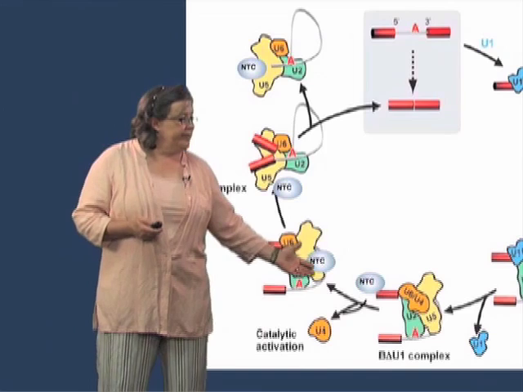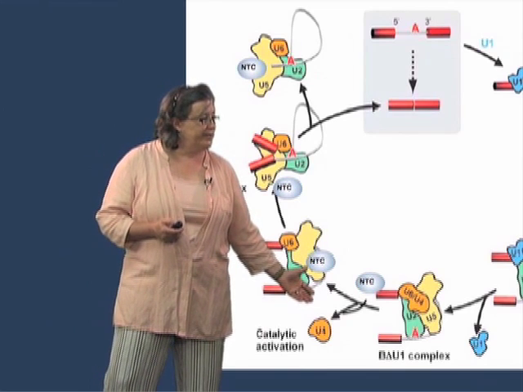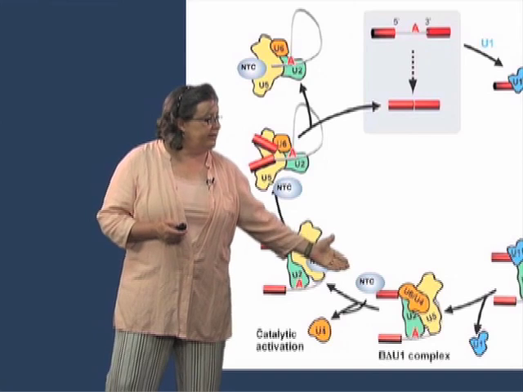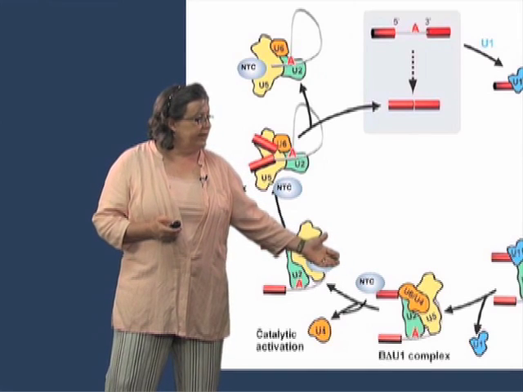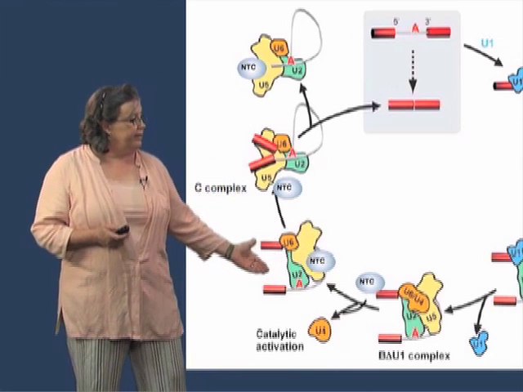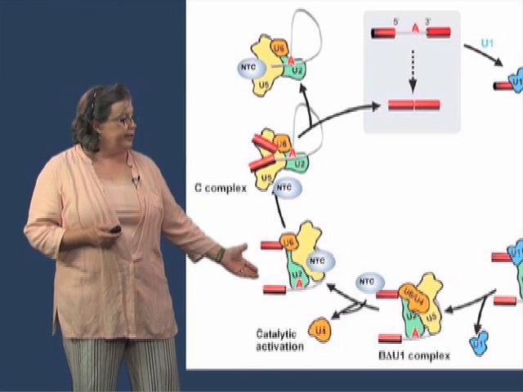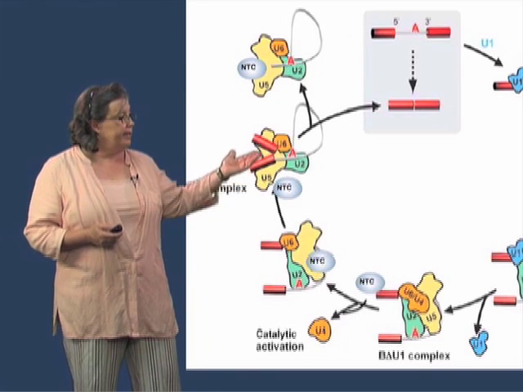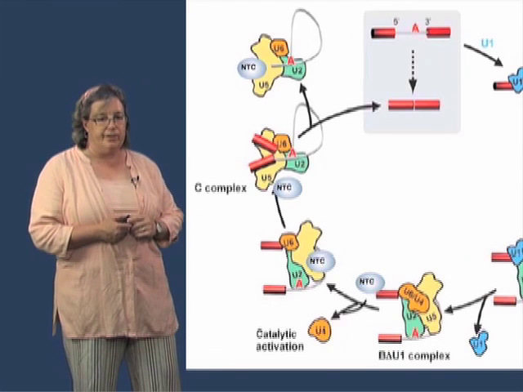In another rearrangement, U4 SNRP is kicked out, and then the 19 complex comes in, and now we have the catalytically active spliceosome, where the first step and then the second step of splicing occur.